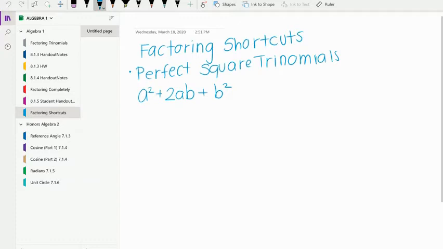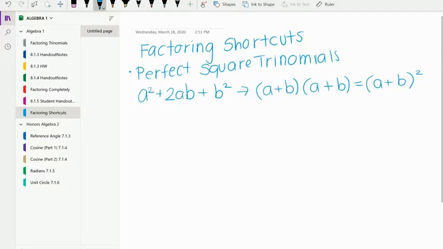When you take the square roots of the first and third term, multiply them together, and then multiply by 2, you should get that middle number. So when you factor it, it would actually just be a plus b and a plus b. We can simplify that and write it as a plus b squared.